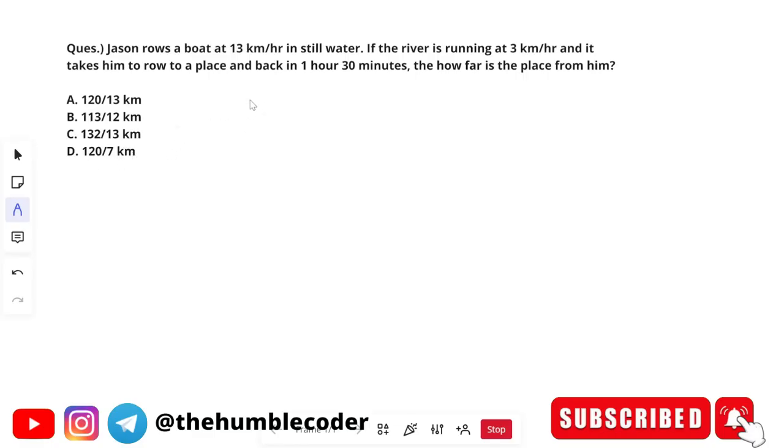First of all, let us note down the data that is given to us. Initially, what is given to us is the speed of Jason in still water. It is given as 13 km per hour. If you see in statement number 1, Jason rows a boat at 13 km per hour in still water. This was the data given to us. Next data that is given to us is the speed of river current.